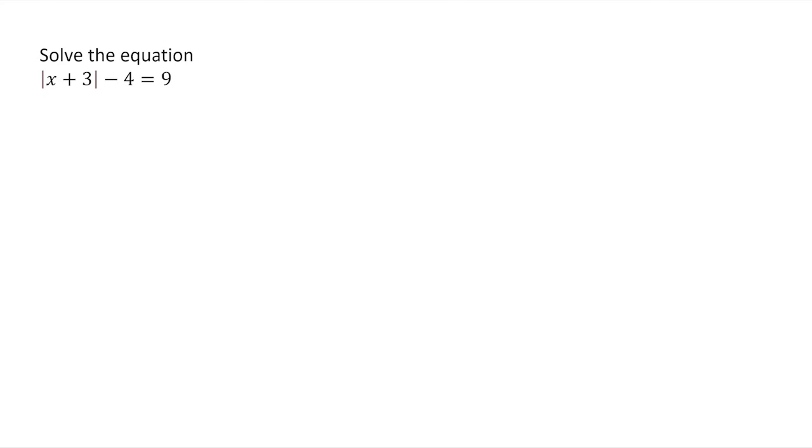So we want to find the value of x that will solve this equation. Now, the first thing you have to do is isolate the absolute value. So we want the modulus on one side of the equation and the numbers on the other. So I'm going to move my 4 across and I get the absolute value of x plus 3 equals 9 plus 4, which is 13.